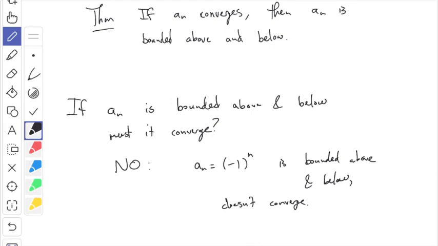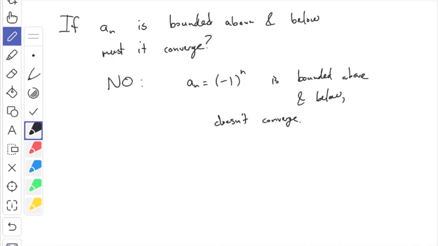Another example like that would be something like a_n equals cosine of n. This is a very strange sequence, because I can't really say what any of those values are. I could with a calculator, but the first value would be cosine of 1, 1 radian, whatever that is. That's not an ordinary value. And then cosine of 2 radians, and then cosine of 3 radians.